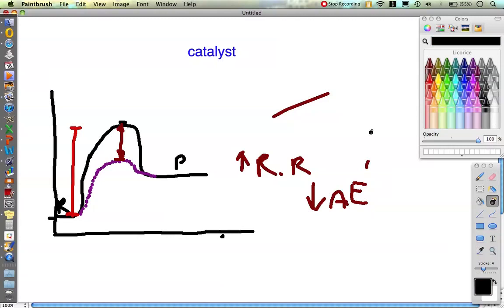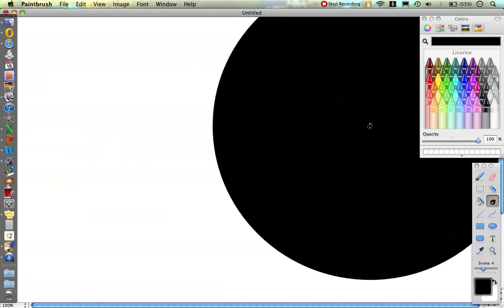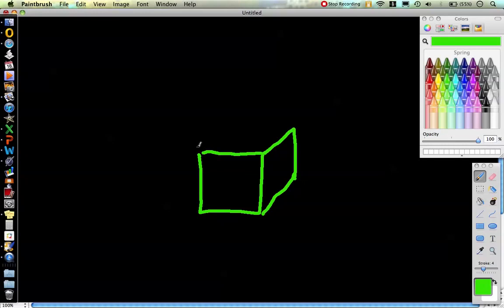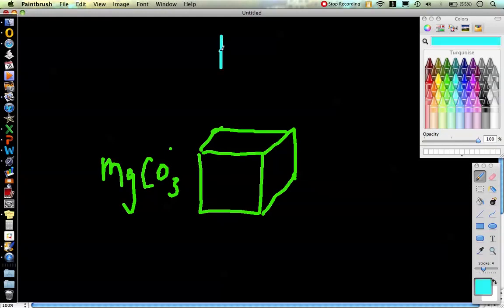And the last one that we need to consider is the effect of surface area. Now this is going to be very interesting for me to draw, but as I've drawn for you guys on the board previously, if you have a cube, let's say, of magnesium carbonate, MgCO3, and let's say that we added some acid.